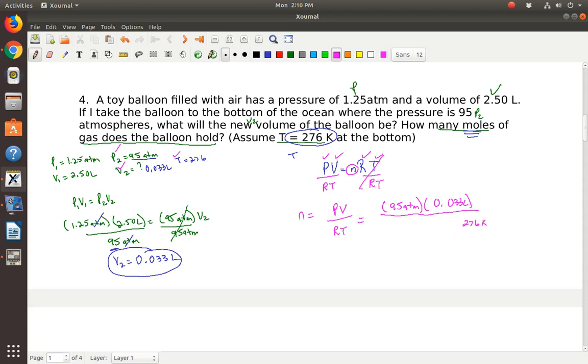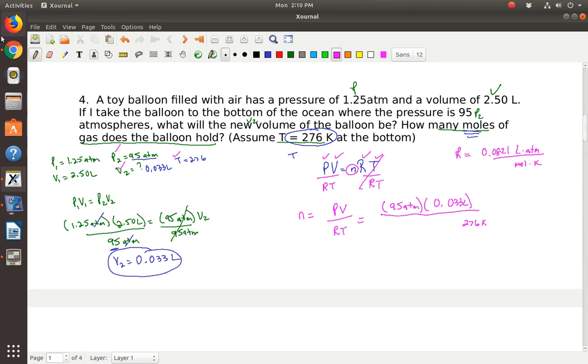Alright, and so now I have to get the right R value. I have atmospheres and liters, and if you look on your reference chart, the R value that has atmospheres and liters and kelvins is 0.0821 liters times atmospheres over moles times kelvins. So that's the R value. You would get this from your reference charts, which I'm going to give to you. We have just the different options.